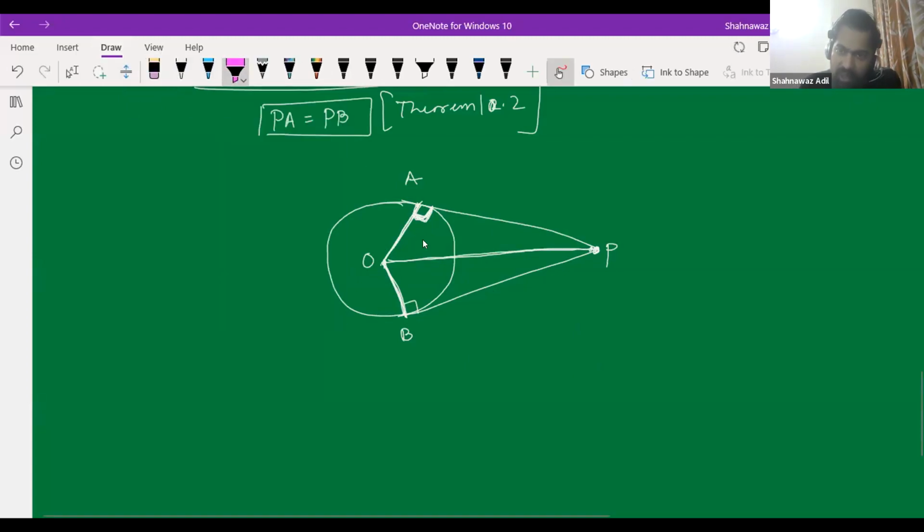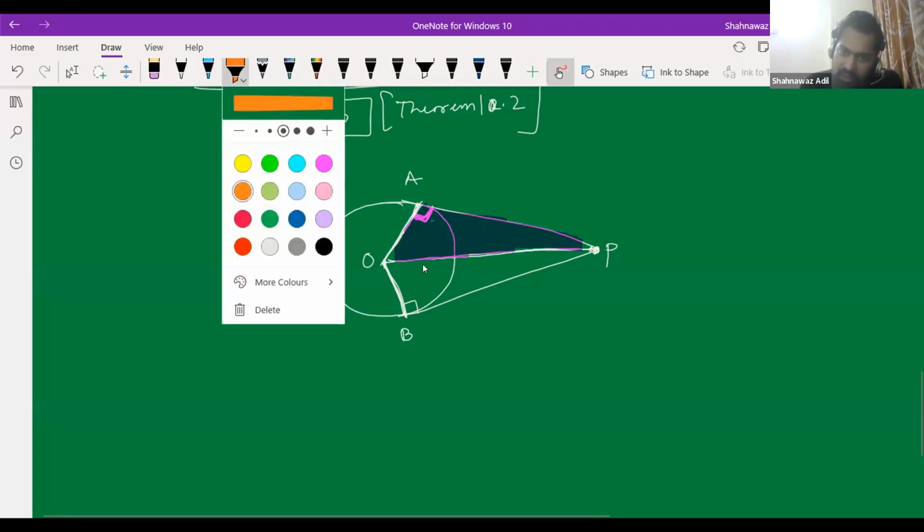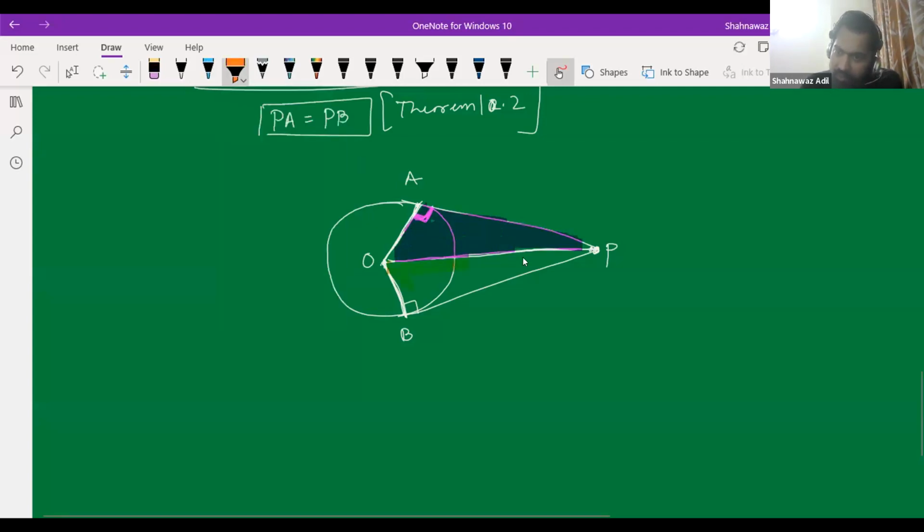I take two triangles. One is this one, and the other one is this one. So these are the two triangles that I choose, triangle OAP and triangle OBP.